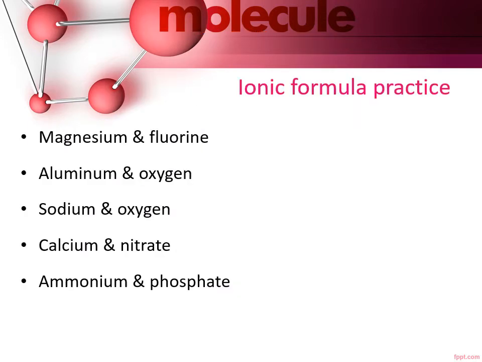All right, let's look at naming some ionic compounds. Magnesium is an alkaline earth metal. It's going to have a charge of +2. Fluoride is a halogen. It's going to have a charge of -1. These are not matches. Our goal is to get these to balance each other out. Naming and writing formulae for ionic compounds is all about balancing the charges.